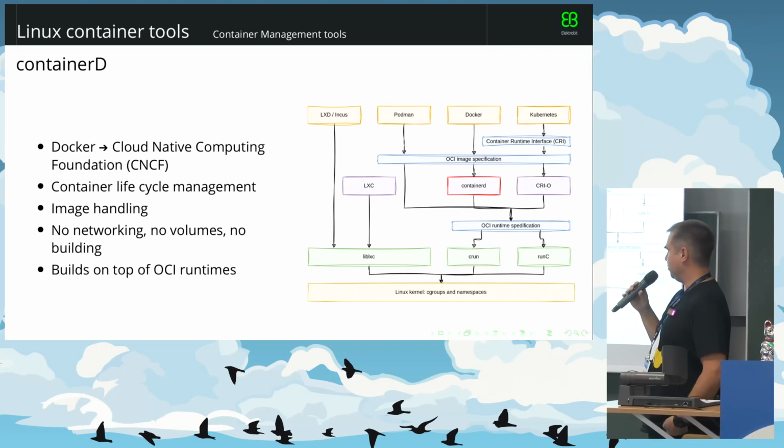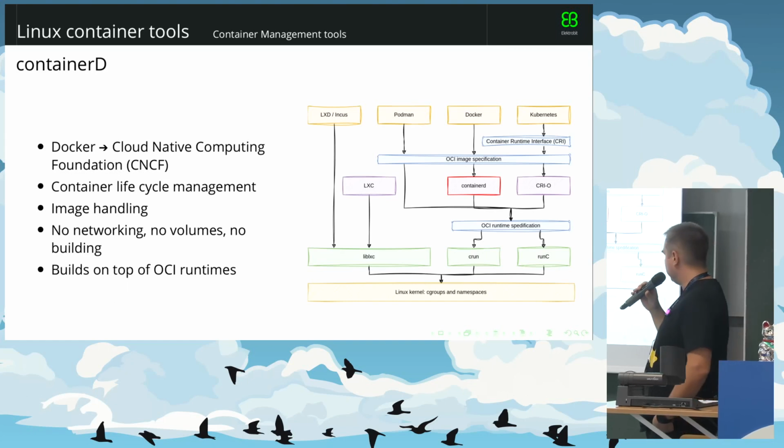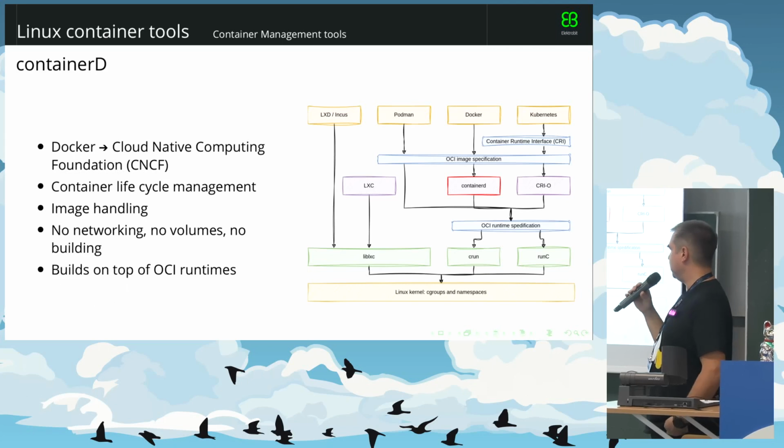Because of this back and forth, in the end Docker agreed with the community to open source their core, and this core is basically containerd. containerd was handed over to the Cloud Native Computing Foundation as the umbrella organization for taking care of this open source project.